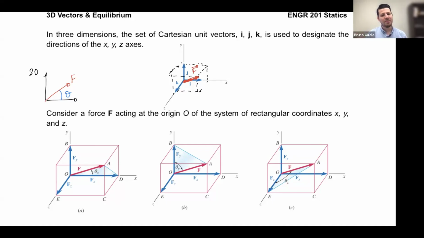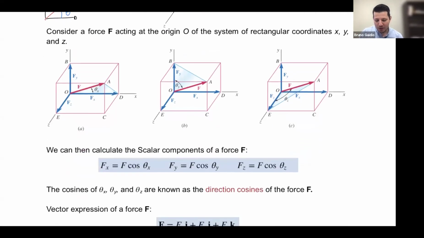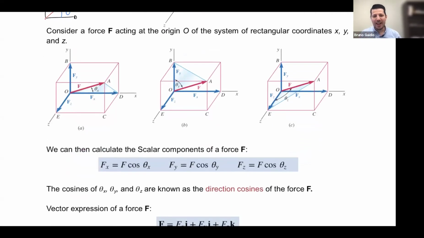For 3 dimensions, most of the time we use the cosine, meaning we're going to write every single component using the cosine of the angle. Which angle? The angle between the axis we want to find the component for and the force vector.